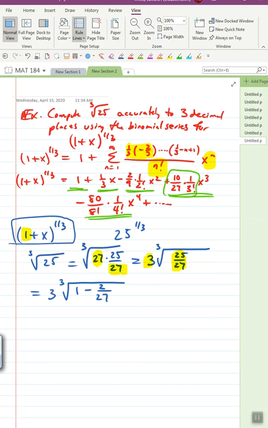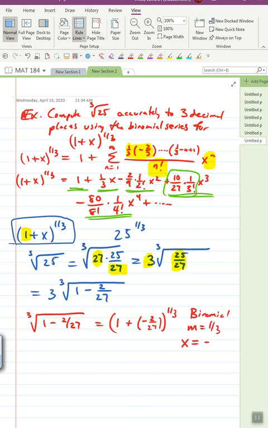Okay, so let's ignore the 3 for just a minute and just look at the cube root of 1 minus 2 over 27, which is 1 plus a negative 2 over 27 to the 1/3. That is definitely binomial. It's binomial m equals 1/3, and x is actually negative 2/27.